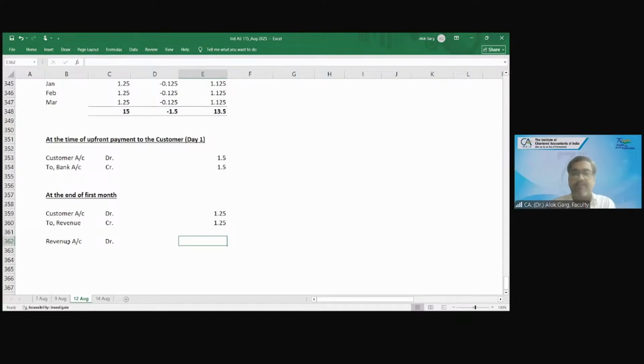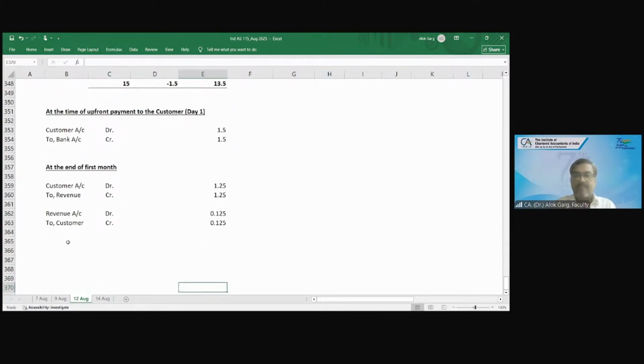I will adjust 0.125. And what will I credit now? I will credit my customer, because I don't have to receive this back from my customer, as the customer has already been given the modification in the sales, right? So to customer, right? So this entry repeats.